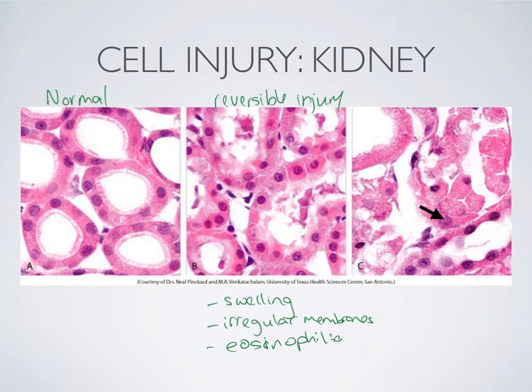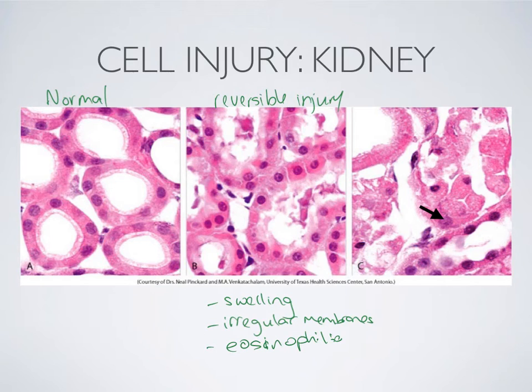So there's less RNA around, and you end up getting denatured proteins that bind to that eosin on an H&E stain and kind of cause it to clump together. So eosinophilia doesn't mean the cell is irreversibly damaged, but it's a sign that things are not going in the right direction.